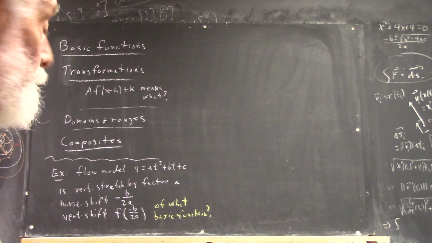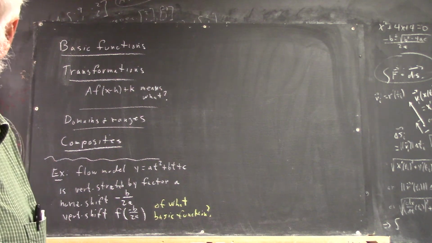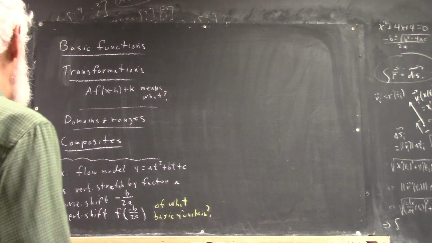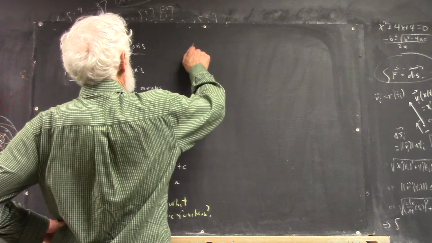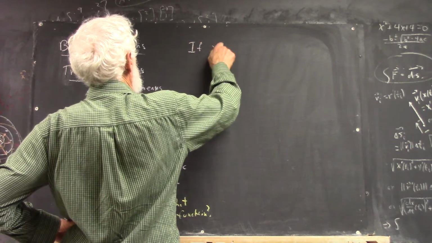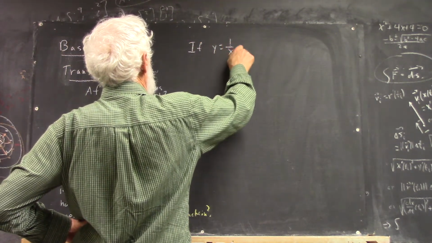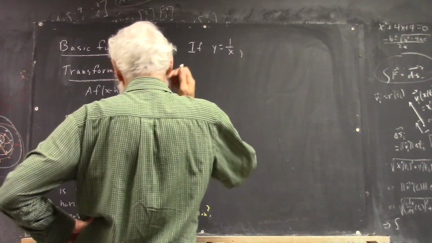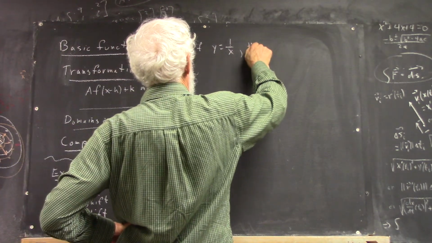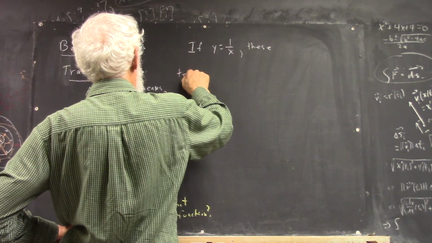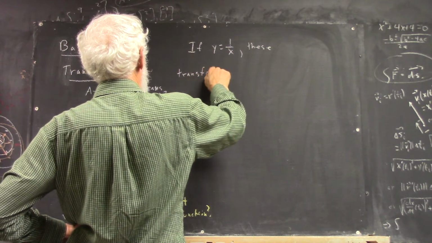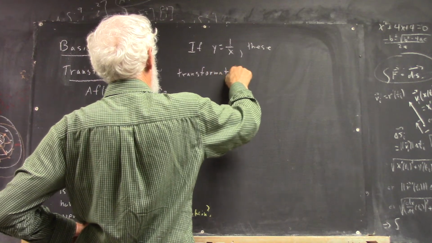Let's say it was 1 over x. Okay? So, y is 1 over x.